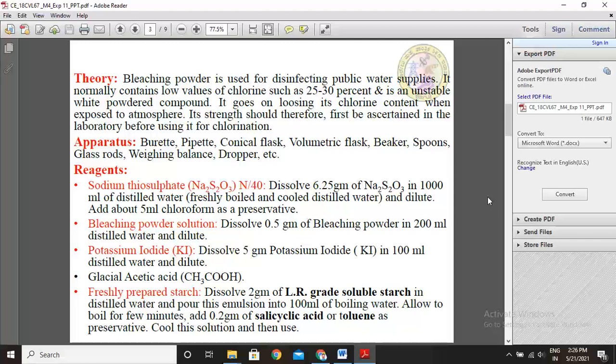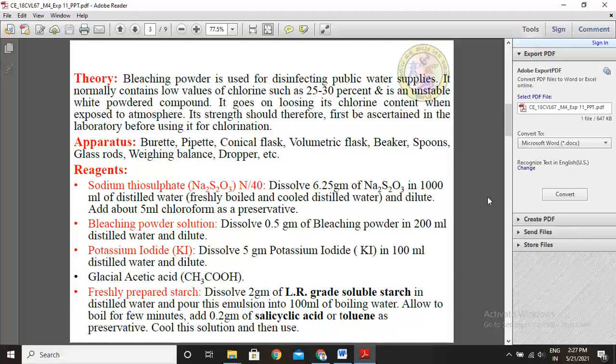Let us see which reagents are required to complete this experiment. First reagent is sodium thiosulfate of normality N/40. How to prepare this sodium thiosulfate of N/40 normality? Here the procedure is given.